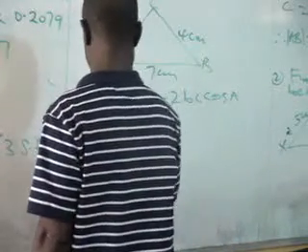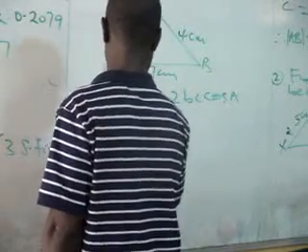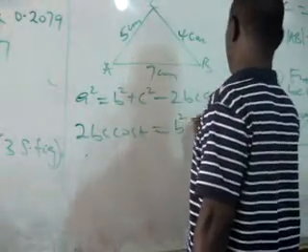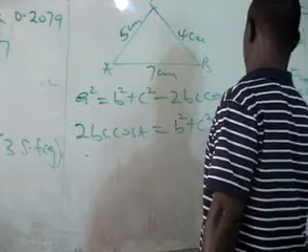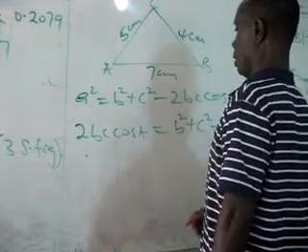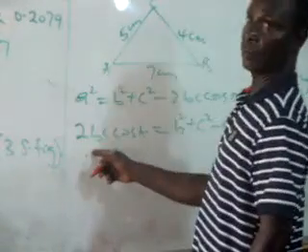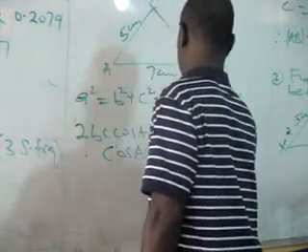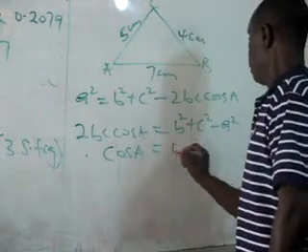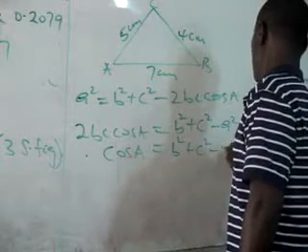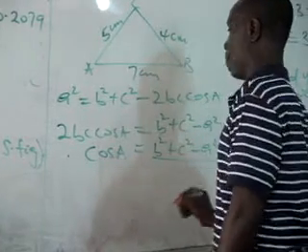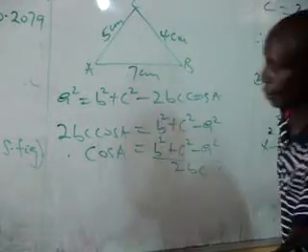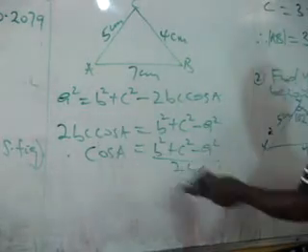Then that will give us 2bc cos A equals b squared plus c squared minus a squared. Then divide both sides by 2bc. You have cos A equals b squared plus c squared minus a squared divided by 2bc. That is what you are going to have. So we now have cos A.